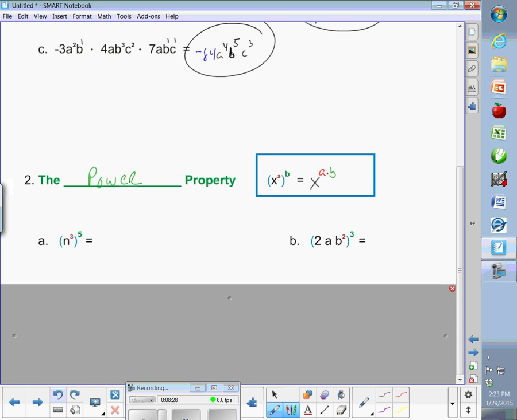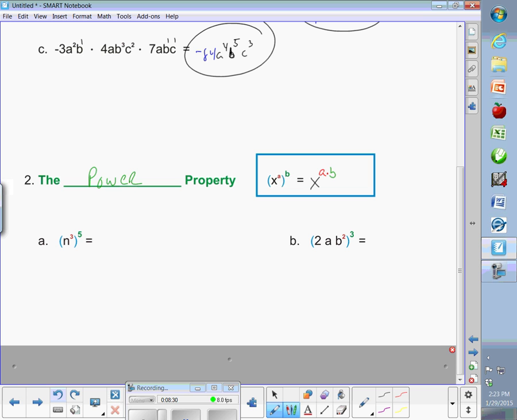All right, let's look at some examples. So A is very simplistic, right? You're going to end up with n to the 3 times 5, right? And we all know that that is n to the 15th.